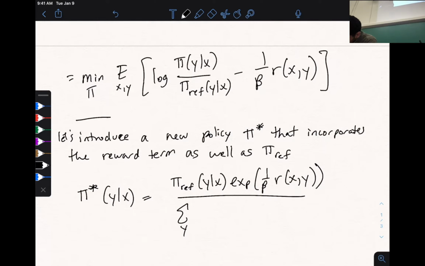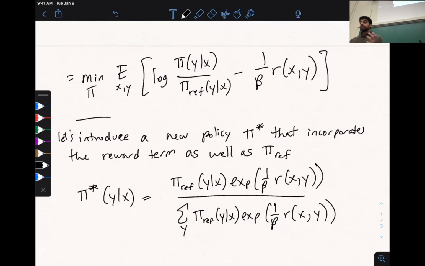So the denominator here should be familiar to all of you as something you would see in the softmax function in the denominator as well.